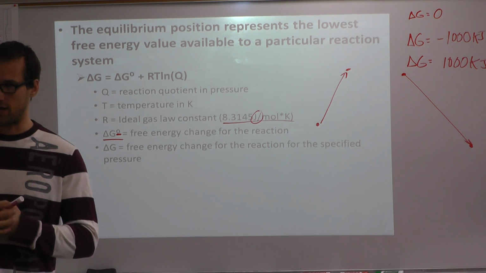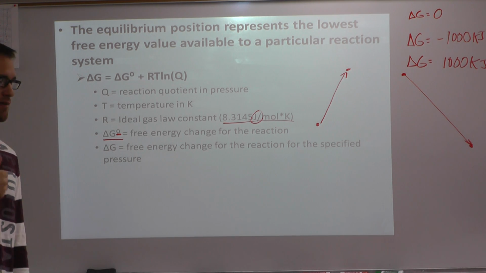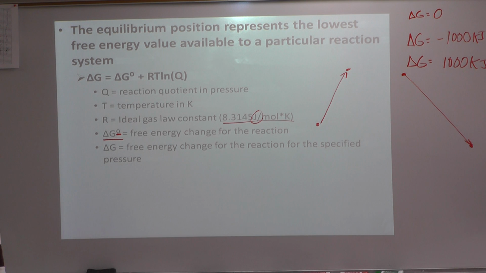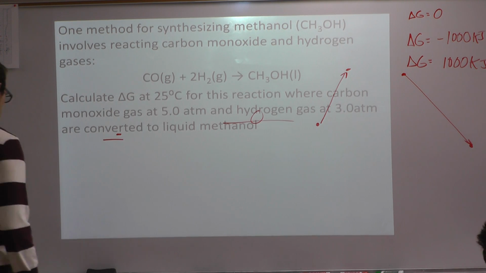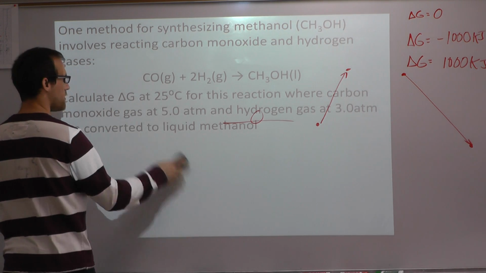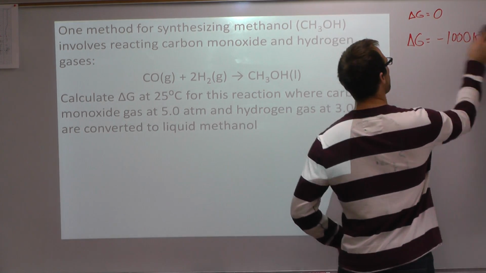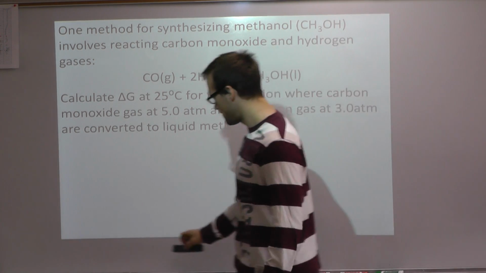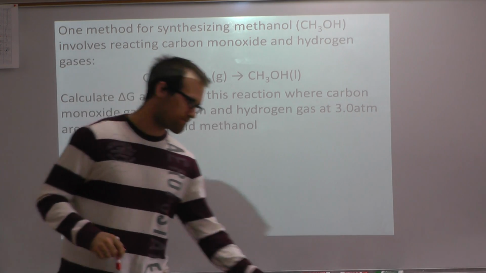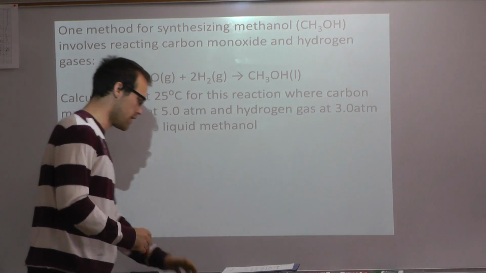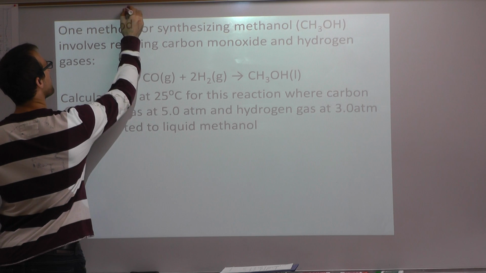And we're going to figure out if I increase the pressure, if I decrease the pressure, is it more spontaneous or less spontaneous, essentially. Okay. Gave you the equation here.